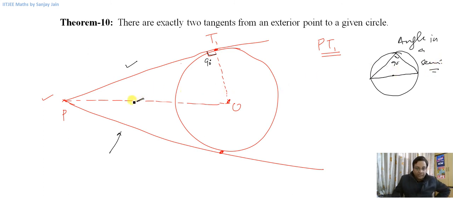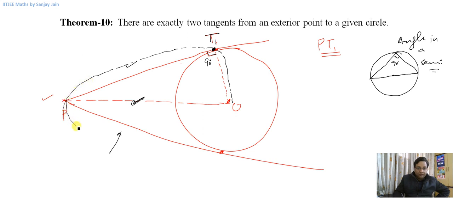Now take OP as the diameter and draw a circle. Then T1 is going to be part of this circle, because angle OT1P is 90 degrees, which is an angle in a semicircle.